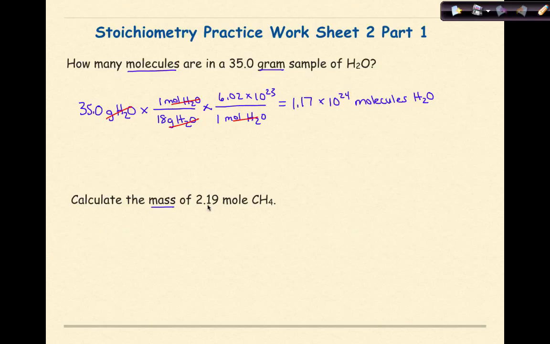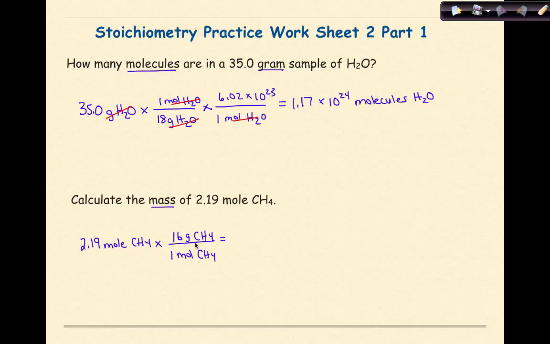Calculate the mass of 2.19 moles of CH4. So my given is 2.19 moles of methane, CH4, multiplication sign and a line. I know that 1 mole of methane, CH4, is equal to the gram formula mass of methane, which is 16 grams CH4.